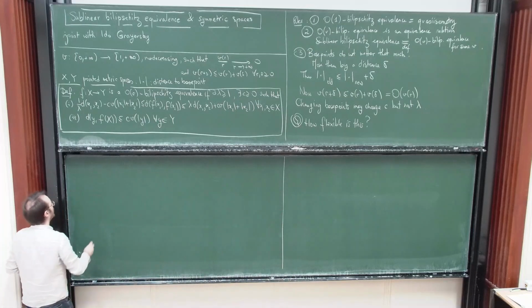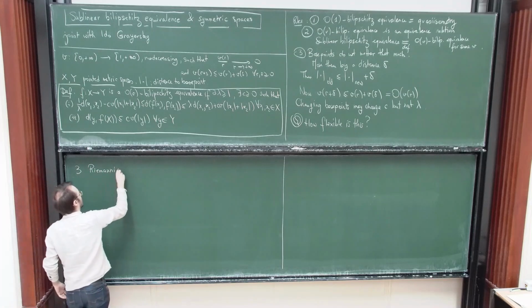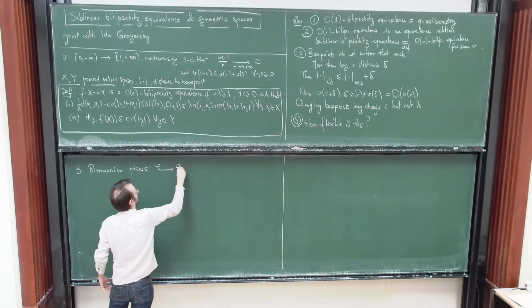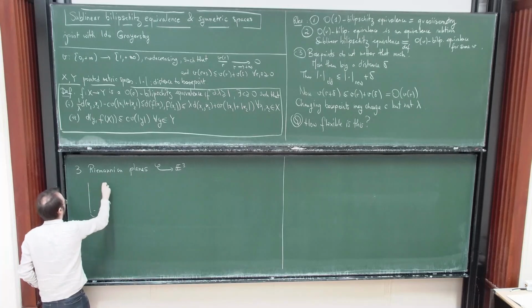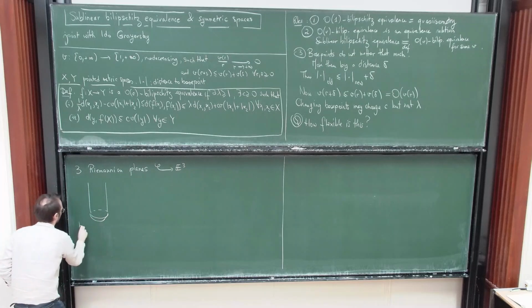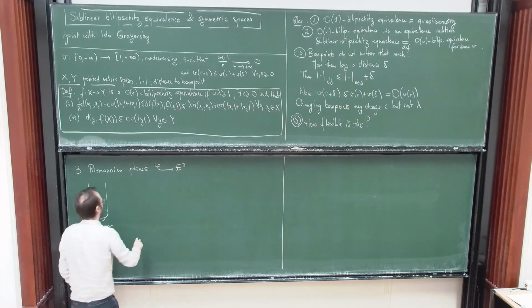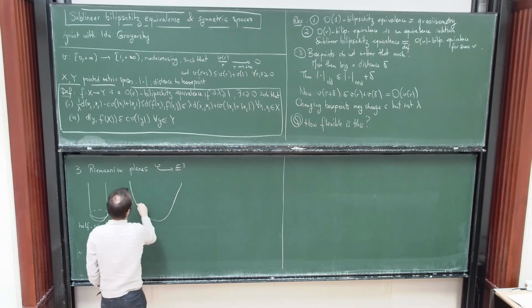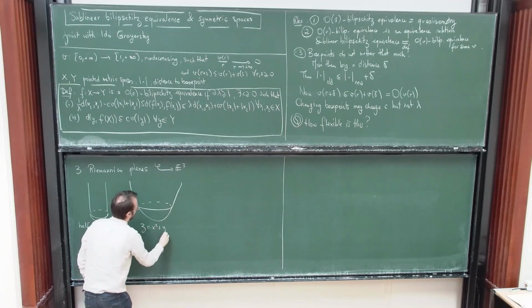I will take three metric spaces that are three Riemannian planes embedded in Euclidean space. The first one is a half cylinder that I close with a cap, so that it's a plane. The second one is an elliptic paraboloid, so it looks a bit like that, so that Z is x squared plus y squared.